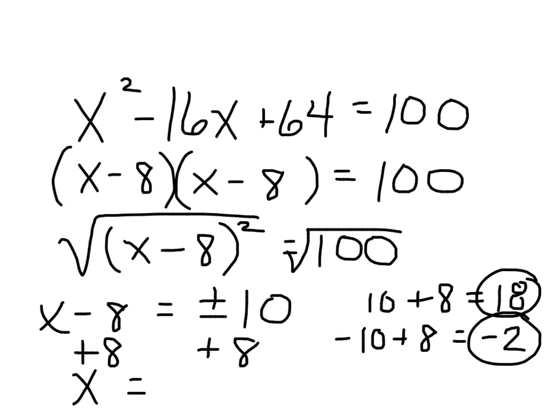If you put negative 2 in there, negative 2 squared minus 16 times negative 2 plus 64 should be 100. If it's not, you screwed up. So if you would have put negative 18 in there, you would never get 100, because negative 16 times negative 18 would be a positive. There's no way that's going to ever equal 100. So that's one thing that you can do if you want to. You can check these, but you don't have to.